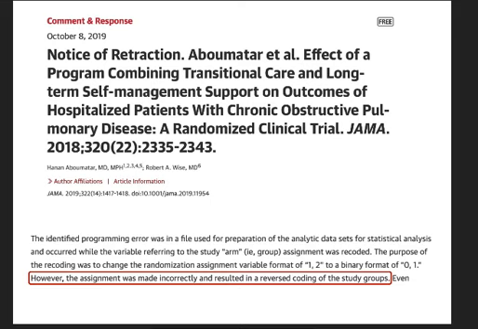This paper here is a retraction from the German Medical Association, and what happened there was they were looking at an intervention on patients with COPD, and they analysed their data, wrote up their paper, and then sometime later realised that they had a column in their data coded 1 and 2, and that was recording whether patients were assigned to the treatment group or the control group. And they realised that when they analysed the study, they'd got those swapped completely the wrong way round.